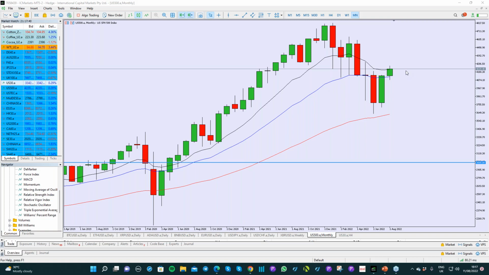The names of candlestick patterns are quite irrelevant to working out whether the bulls or the bears are in control. In short, a candle that closes close to the bottom of the candle means the bears are in control. A candle that closes close to the top of the candle, the bulls are in control.